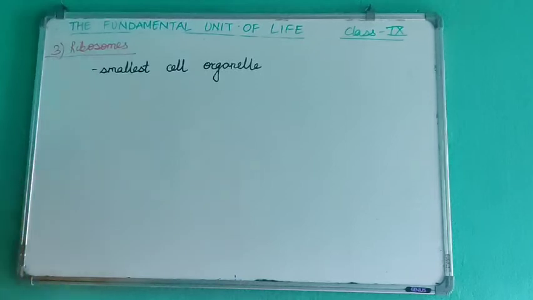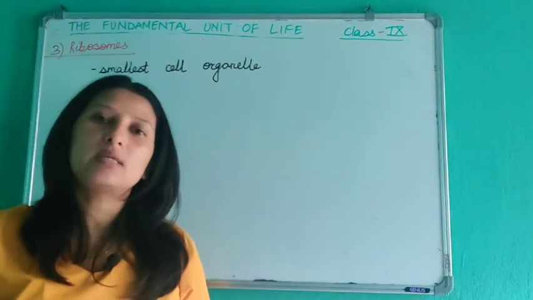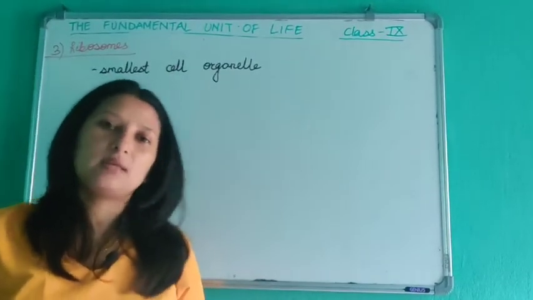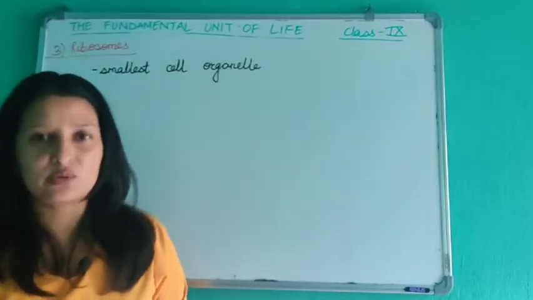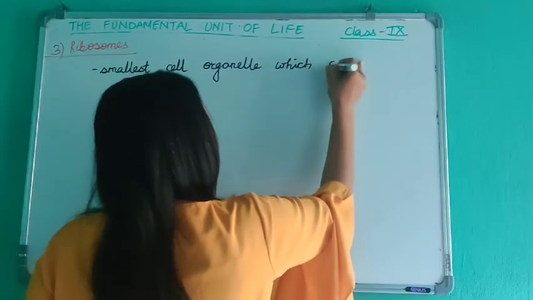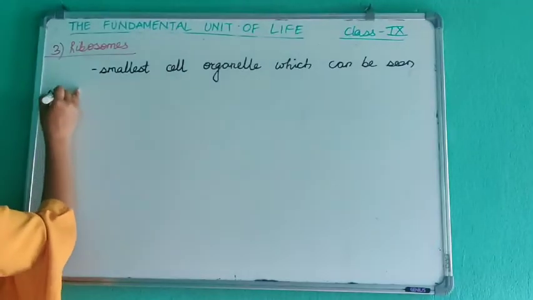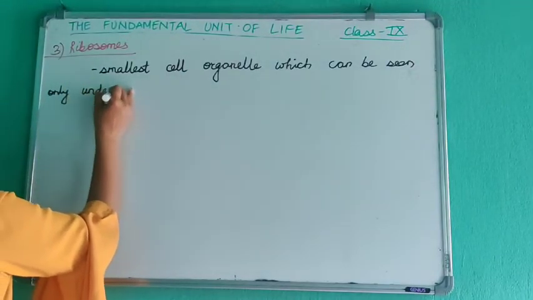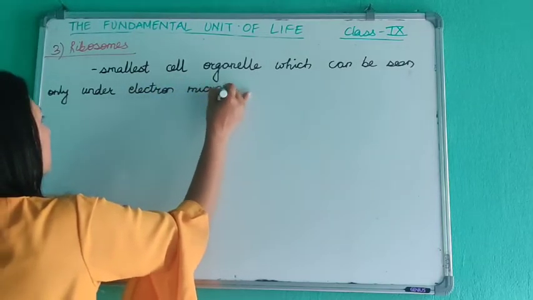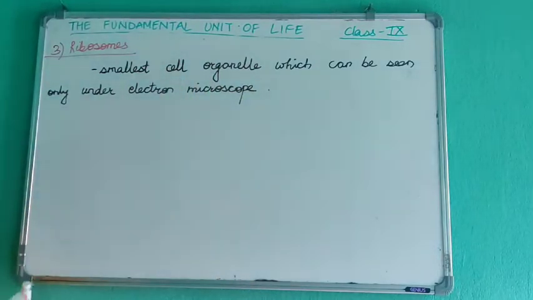Okay, these are the smallest cell organelle which can be seen only under an electron microscope. Your simple microscope, compound microscope ma dekhindaina. Electron microscope is a very powerful microscope, so it can be seen only under electron microscope. सबसे smallest cell organelle is ribosomes.